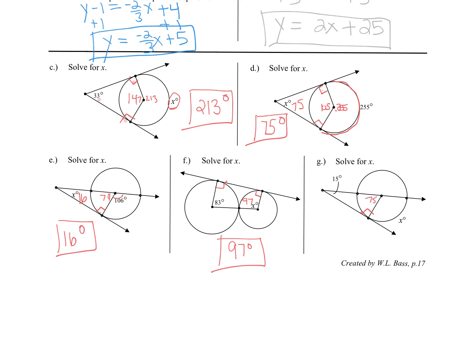And what that helps me get is that if this is 75 here, here's a linear pair, this one has to be 105. If that one is 105, then that's a central angle, and that means this X here is also going to be 105.